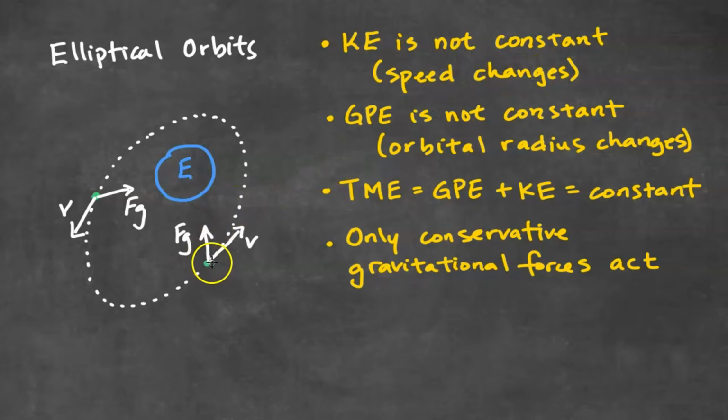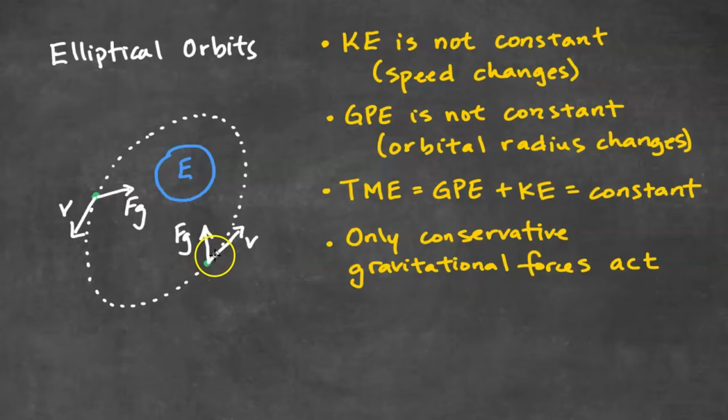On the right-hand side of our orbit here, the satellite is moving this direction, and the gravitational force is this direction. You can see that there's a component of the gravitational force in the direction of the velocity. And so at this point, there is positive work done on the satellite by this gravitational force. This positive work is going to cause the kinetic energy of the satellite to increase.